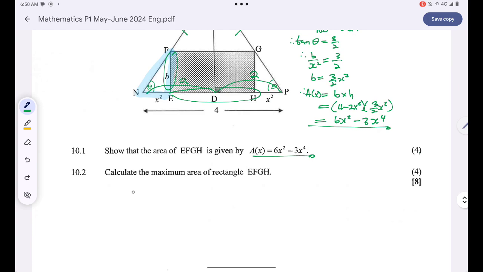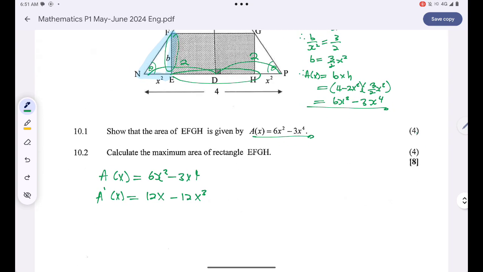Maximum area is basically A of x is equal to 6x squared minus 3x to the power 4. So A prime of x is equal to 12x minus 3 times 4, which is 12x to the power 3. All I have to do is to make the derivative equal to 0.